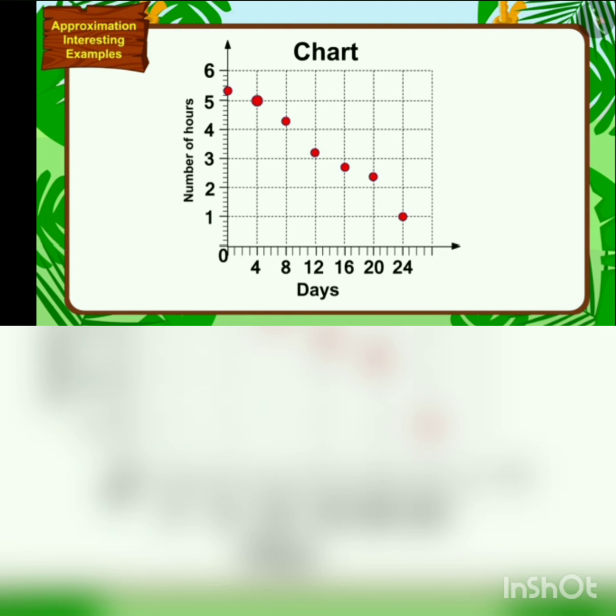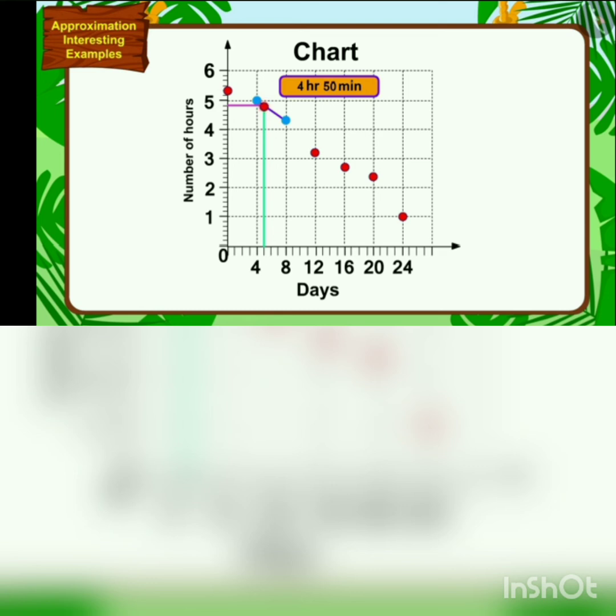In this way, we can approximate it by connecting the dots of the 4th and 8th days with a straight line and then making a vertical line from the 5th day. The vertical line of the 5th day is meeting this line at 4 hours and 50 minutes.